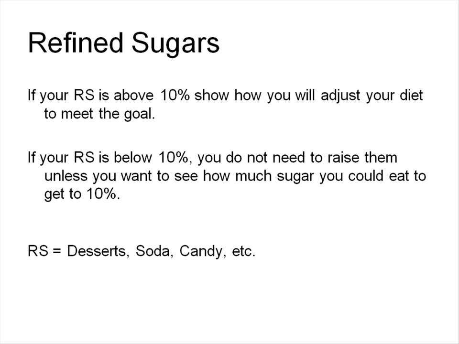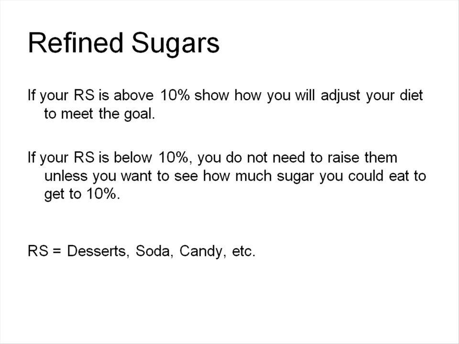You're going to keep that percentage, but what that's going to force you to do is adjust your complex above 48% so that you meet that 58% goal. For example, if you were at 7% simple sugars, then your complex is going to have to be 51%, not 48%.